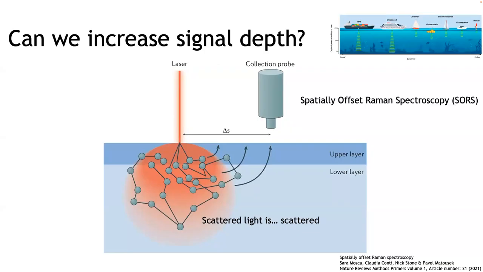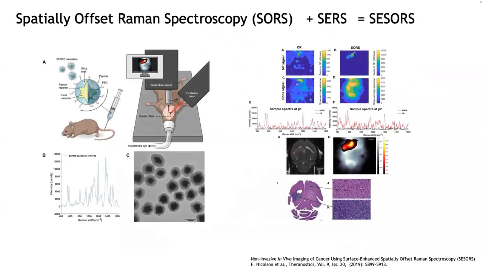So this is called spatially offset Raman spectroscopy. And of course, we can combine this with SERS and we get surface enhanced spatially offset Raman spectroscopy. And Fay Nicolson over in Dana-Farber is doing some exciting stuff on this method.